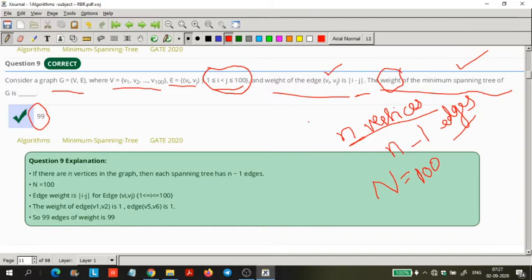Here, for consecutive vertices, the weight of each edge is 1. There are 99 edges in the minimum spanning tree, so for 99 edges the total weight will be 99.